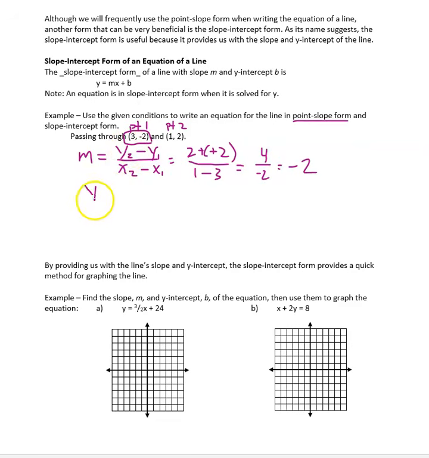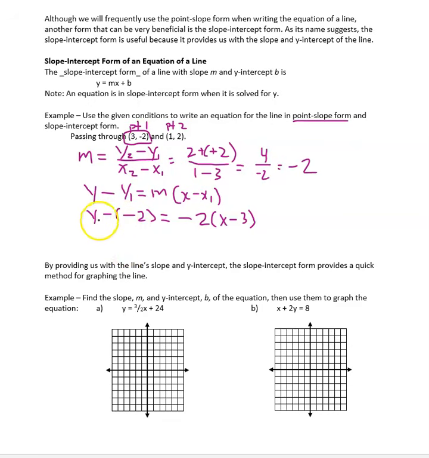It's just a matter of what it looks like in point-slope form. So we have y minus y1 is equal to m quantity x minus x1 closed quantity. So if I use the slope of negative 2 and the point 3, negative 2, remember y is y is y, y is never going to change, minus y1, in this case is negative 2, is equal to, the slope is negative 2, times quantity x minus x1 is 3.